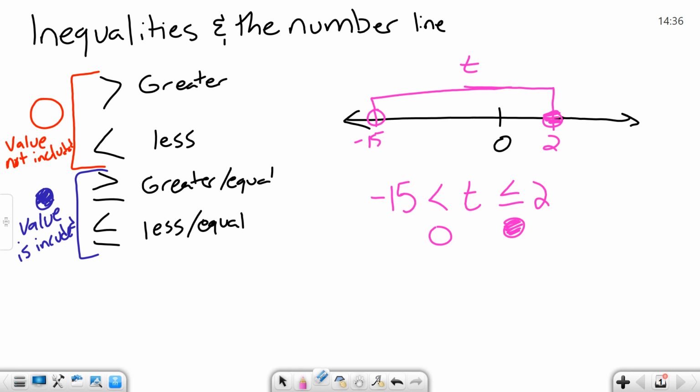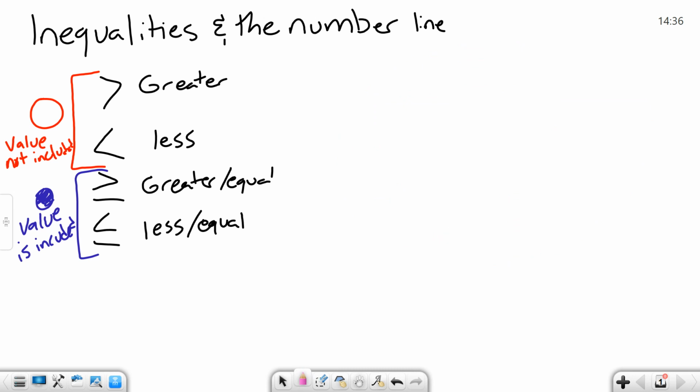Let's look at another example. What if I say x is greater than 10 and x is less than or equal to 1?